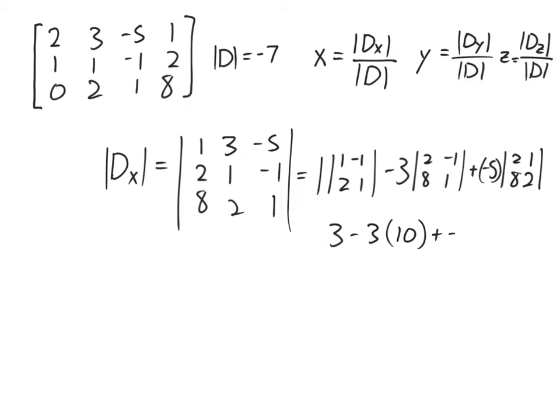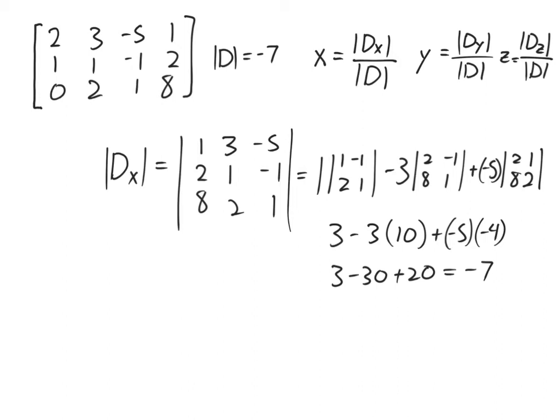And then plus a negative 5 multiplied by this determinant, which is 4 minus 8, which is negative 4. So if I put these together, you get 3 minus 30 plus 20. Negative 30 plus 20 is negative 10, plus 3 is negative 7.